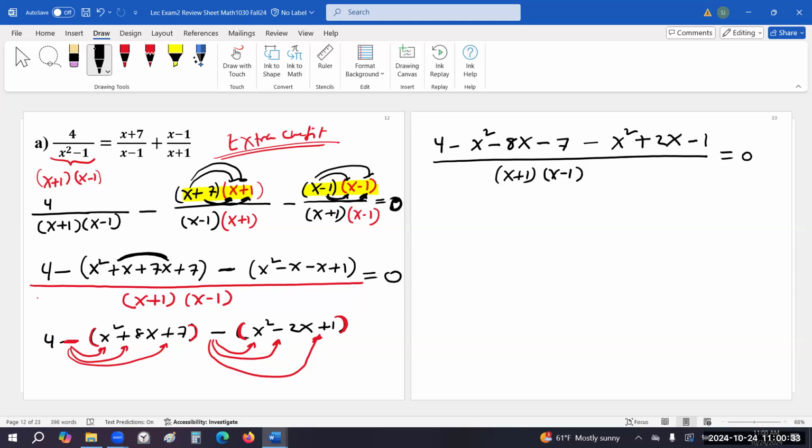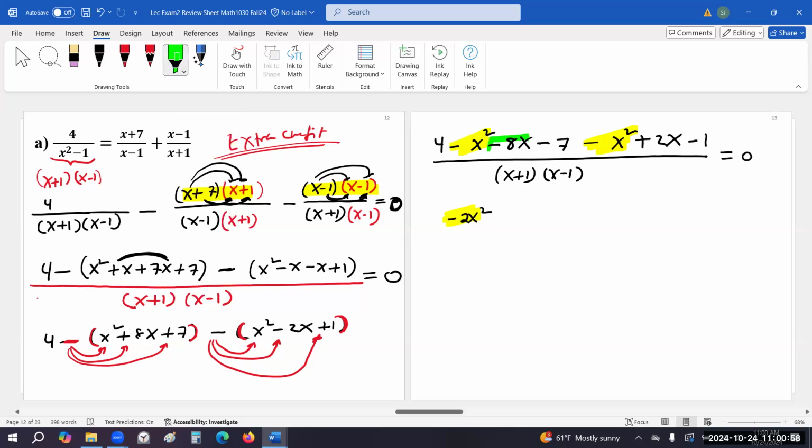And now it's time to combine like terms. Negative x squared, negative x squared. What do we have? Negative x squared minus x squared. What do we get? Negative 2x squared.